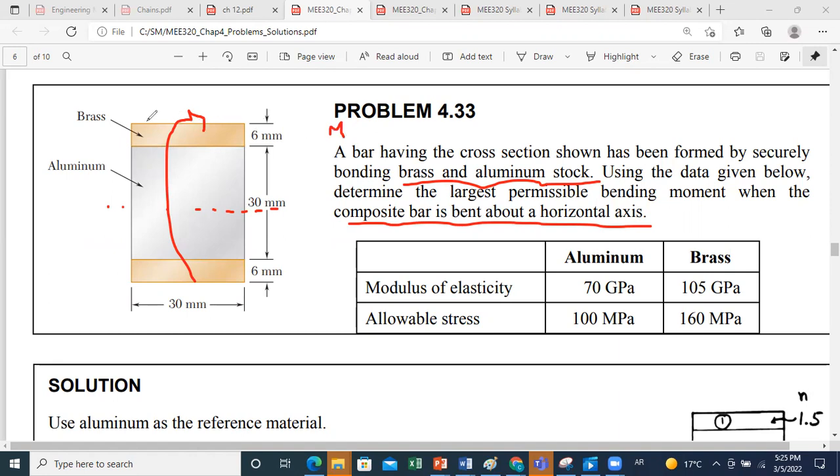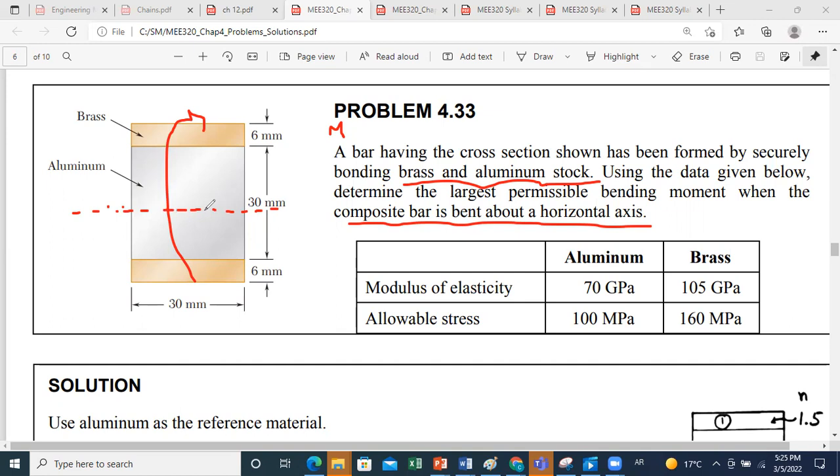This means that we are compressing the upper part, and the lower part is in tension, okay? So the neutral axis should be along the direction of the vector moment, which is the horizontal axis. And we have to find what is the maximum possible moment to be applied to not exceed the allowable stresses.